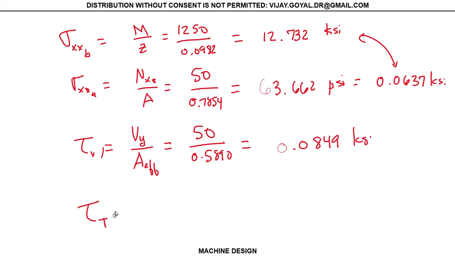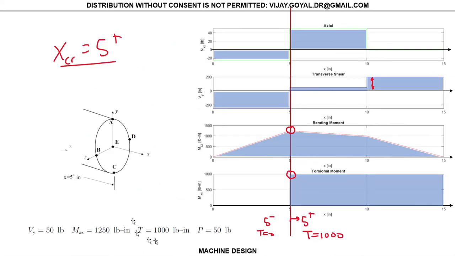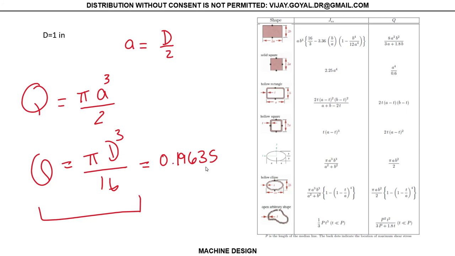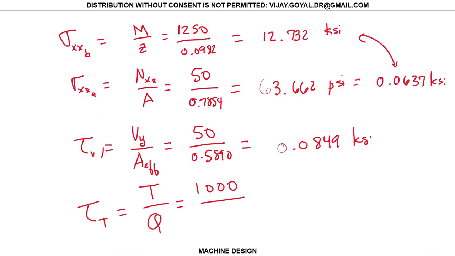And then we can also calculate the torque, T over Q. Torque was 1,000. Again, comes from this value, is 1,000. And the value of Q is 0.1964.